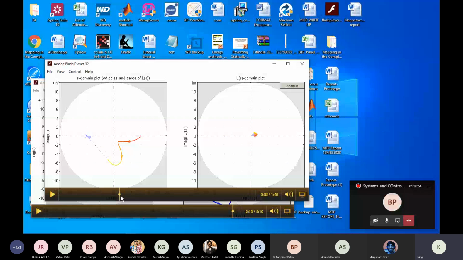When you are dealing with a pole, earlier we were dealing with a zero. When you are dealing with a pole, then of course the opposite happens.